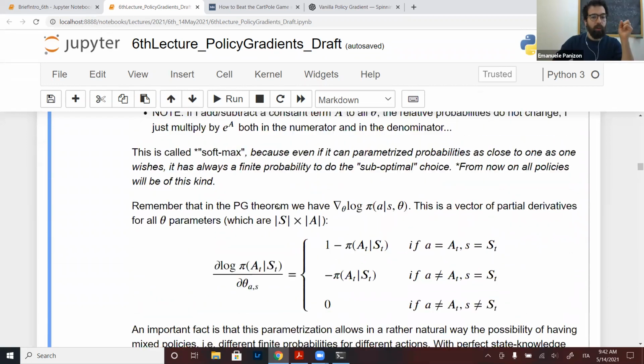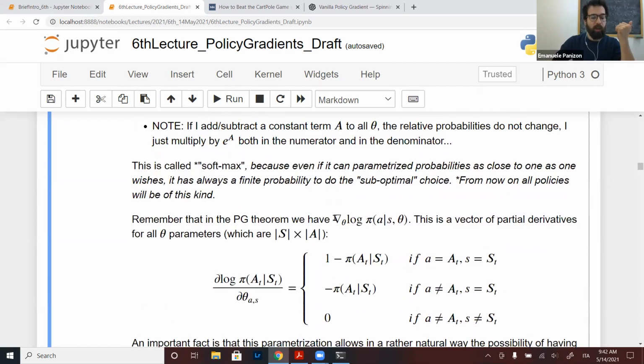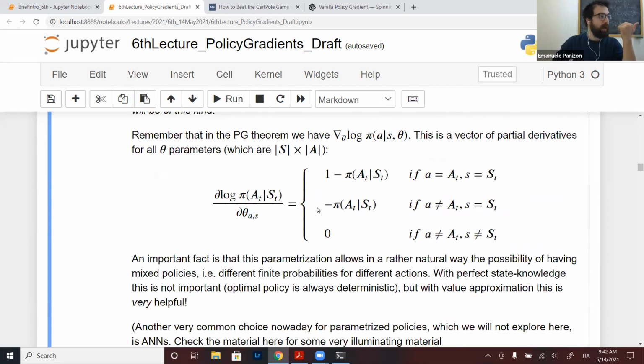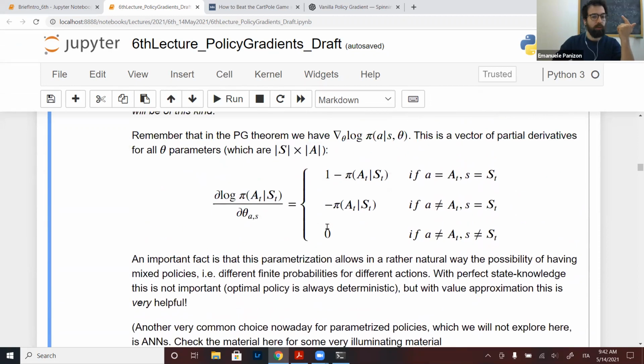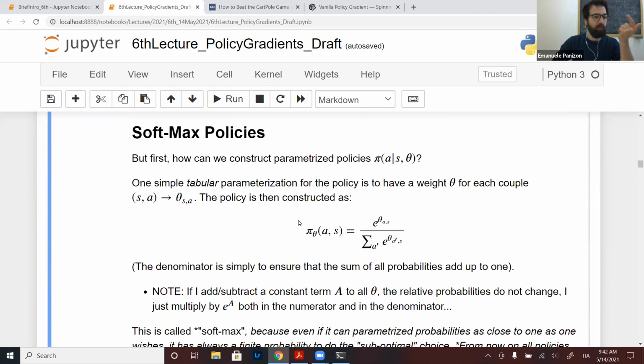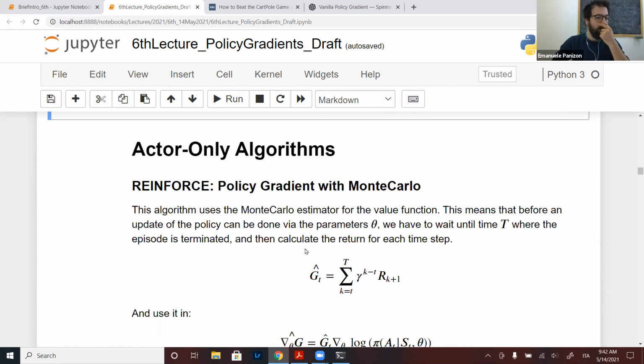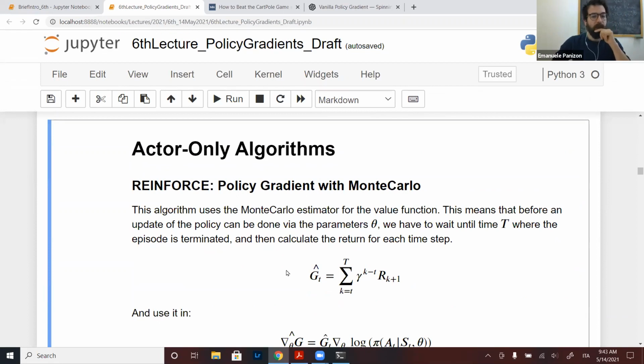Okay, so we know how to construct a gradient to follow. We know what parameterization we want to use for our policies. Now we just want a way to estimate this quality factor. REINFORCE is always one of the first methods treated in books and reviews, because it's very simple.